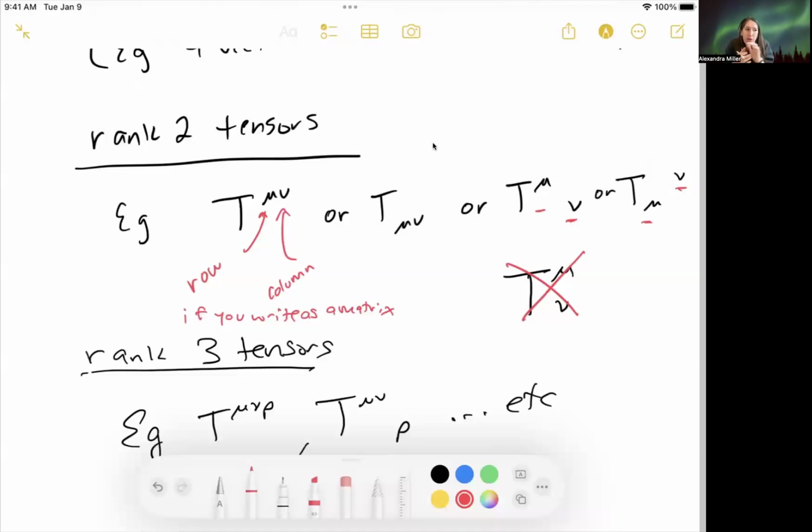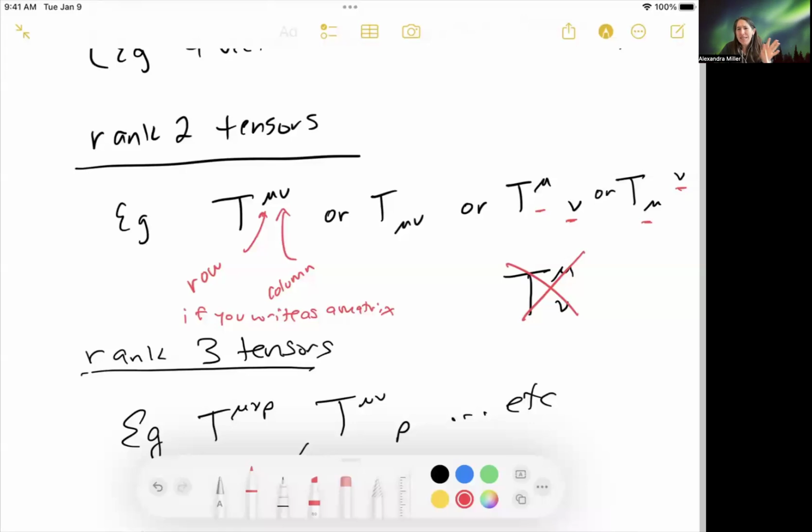And you have to be really careful in thinking about the Einstein summation that's going on to think about how things should be multiplied together if you were to write it out as a matrix. So we can do that, and we will do that a little bit. It's okay to think of these tensors as being represented by matrices because it's familiar, but just be careful about that, because it's easy to mess yourself up if you try to do that too much.